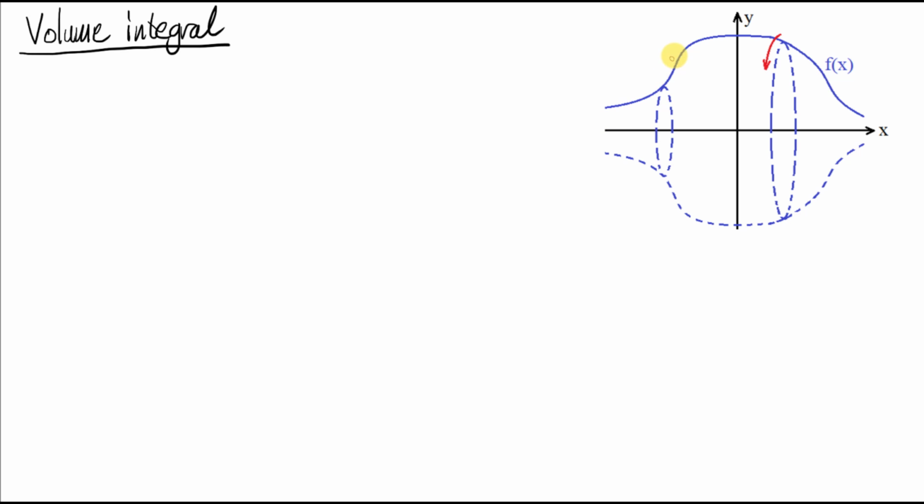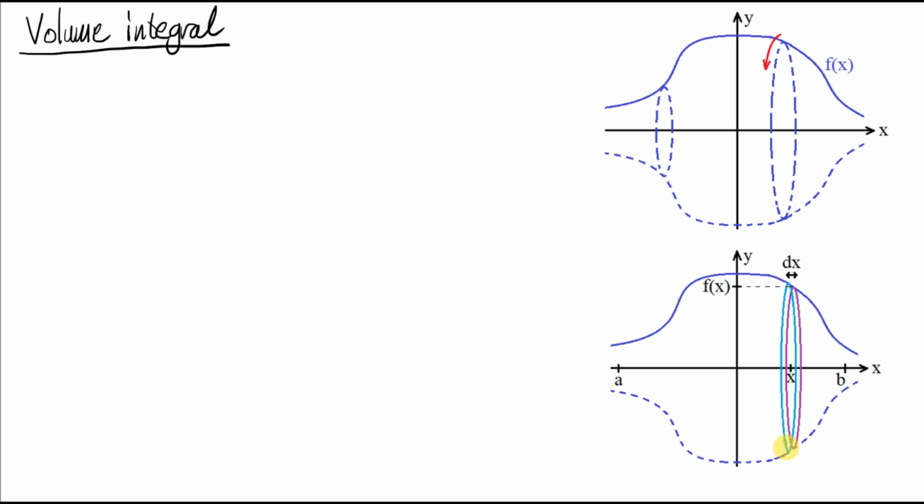So let us take a general curve here in the xy plane, f of x. And then we rotate this graph around the x-axis. Then we get a three-dimensional object. To calculate this volume, we can slice the figure up.